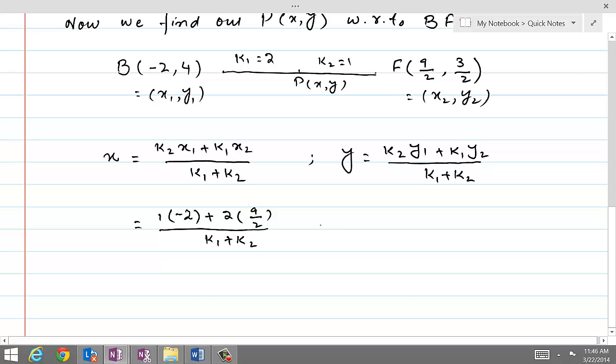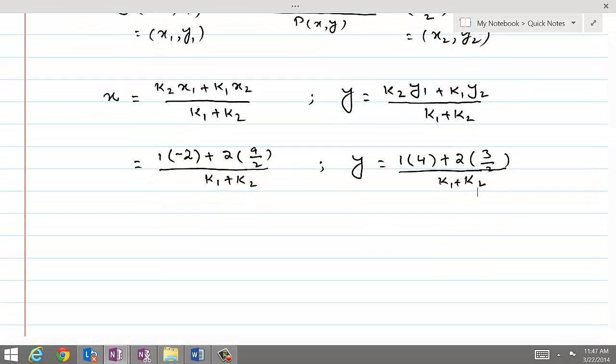Next step, y is equal to K2 is equal to 1 time 4 plus K1 is 2 times 3 by 2 and divided by K1 plus K2, and we will substitute the values for K1 and K2 in the denominator as well.